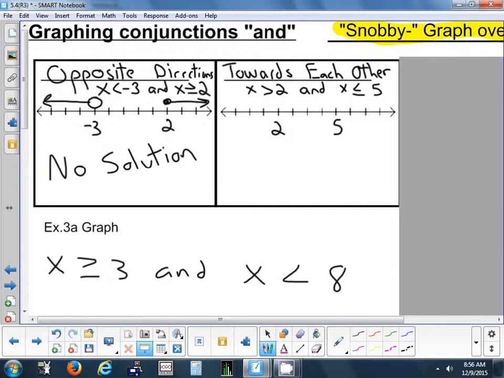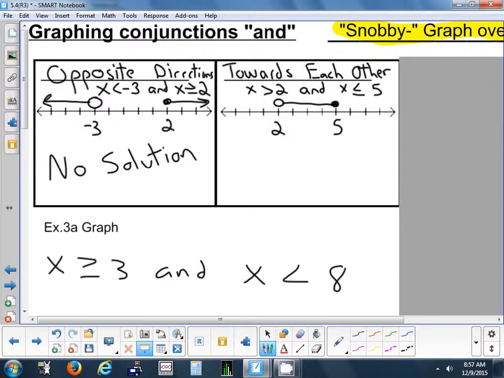For 5, I'm going to have a closed circle going to the left. So they're overlapping. When we did an OR problem, we wanted to graph everything. That meant all real numbers. In this case, when I'm doing a conjunction and they overlap, I only want to graph where they overlap. So the only overlap is between 2 and 5. I have an open dot here and a closed dot here.